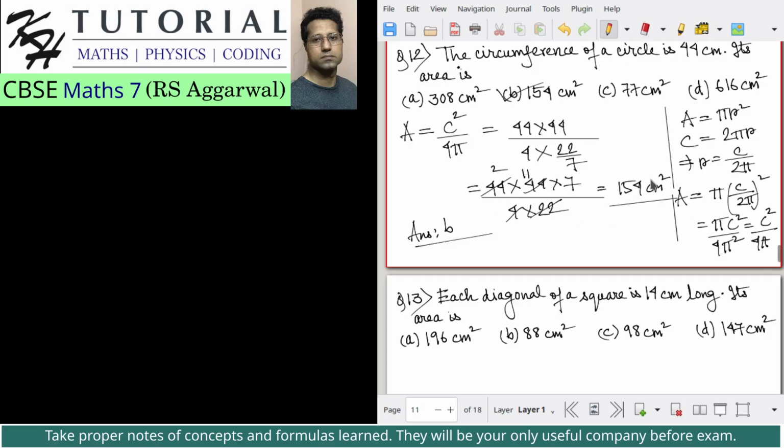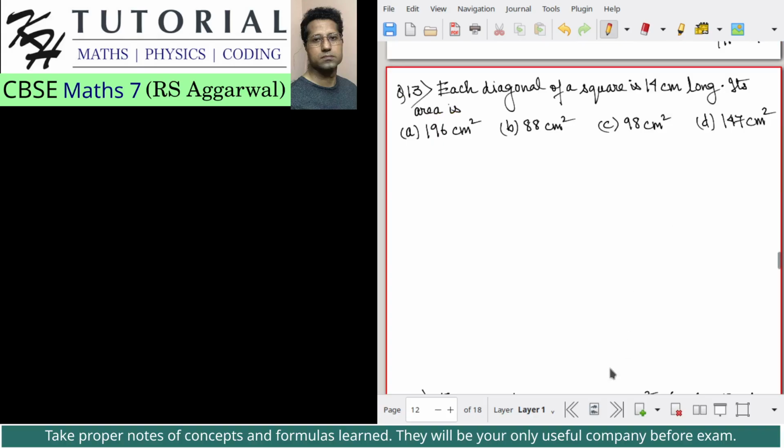Okay, let's do the next problem. Question number 13. Each diagonal of a square is 14 centimeter long. Its area is. We know that area of a square is equal to diagonal square by 2.